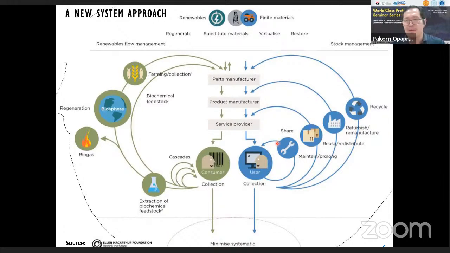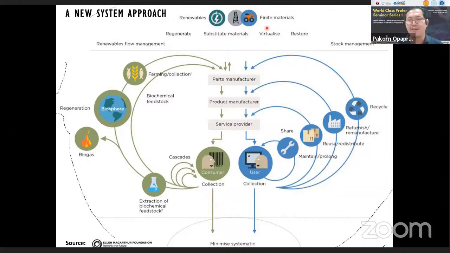This involves every sector, in the industry and in the consumer part as well. This is one of the pictures that can summarize the overall picture. If we make products, they can be made from renewable resources, and some of them are finite materials, which means if we use them, sometime they will be used up.